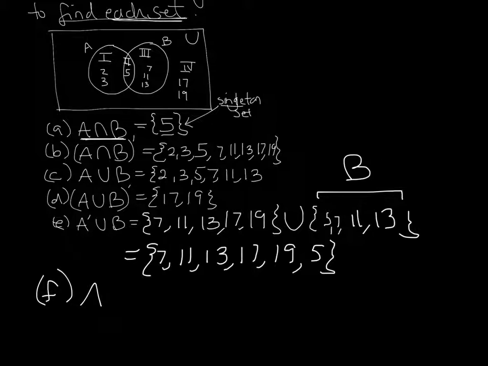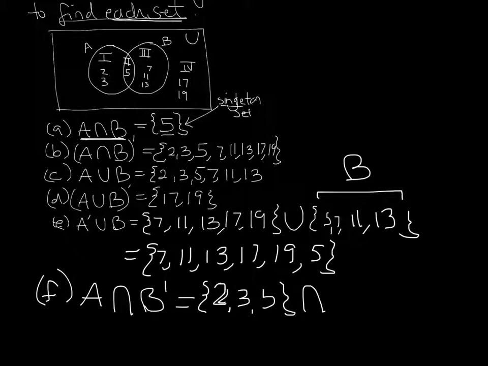And finally, F is A union B prime. Just from looking at the picture, A is 2, 3, and 5. Those are in circle A. And intersected with B complement, so it's everything but the elements in B. The elements in B are 5, 7, 11, and 13, so we don't want these guys.